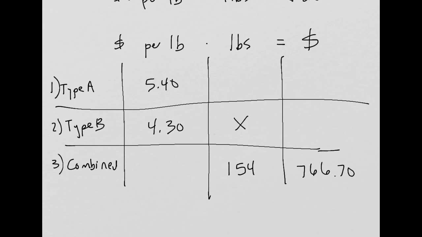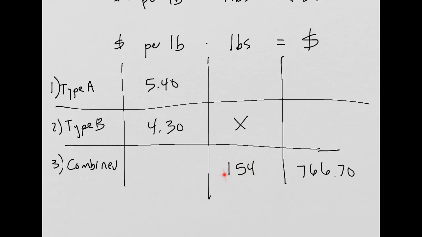Okay, what about type A? Well, I don't know that one either, but if at all possible, since I'm really not looking for the number of pounds of type A coffee, I'd like to not have to introduce a second variable. So if we look at the information that we have in this column, here's what I know. I know that there are 154 pounds of coffee purchased total.